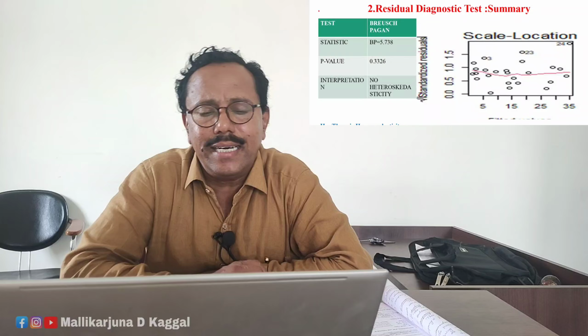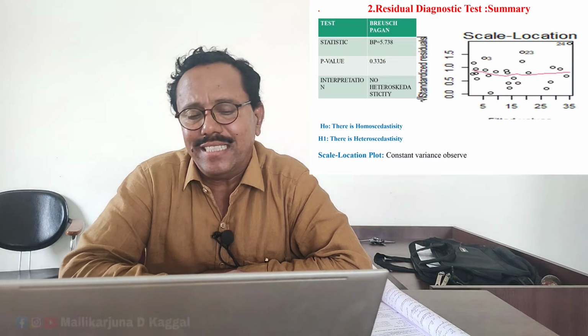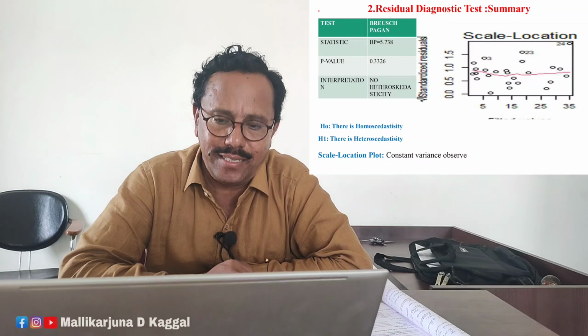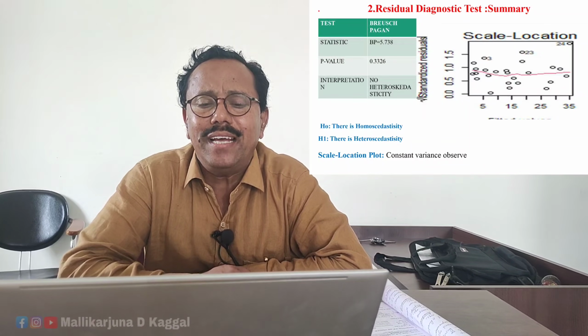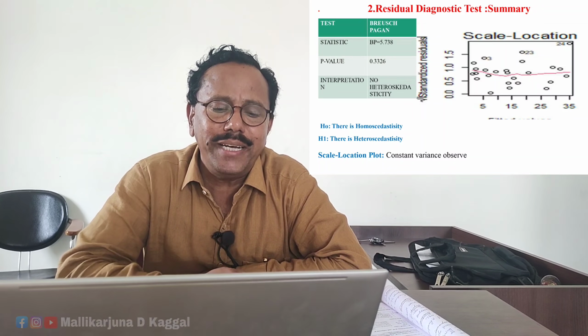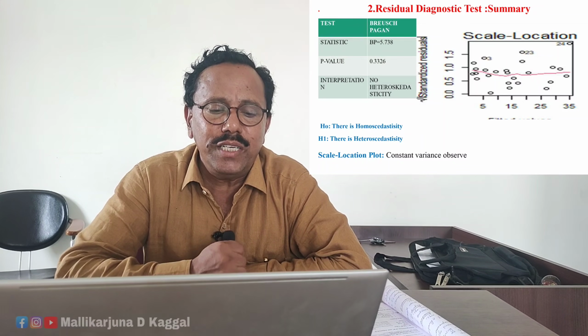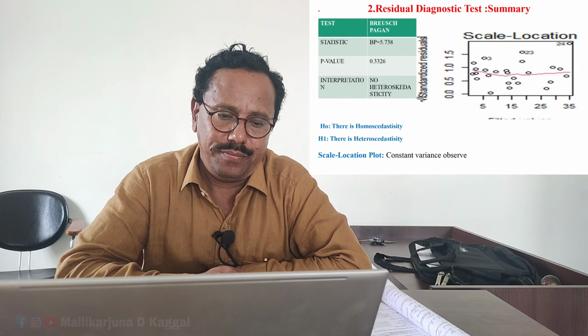Now the next one is another diagnostic test that we use, called homoscedasticity or heteroscedasticity. We need our data to be homoscedastic, for which the null hypothesis has to be accepted.